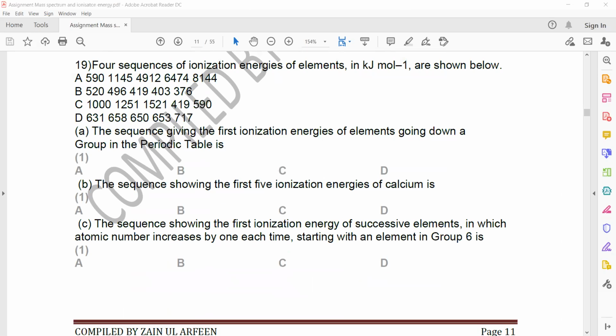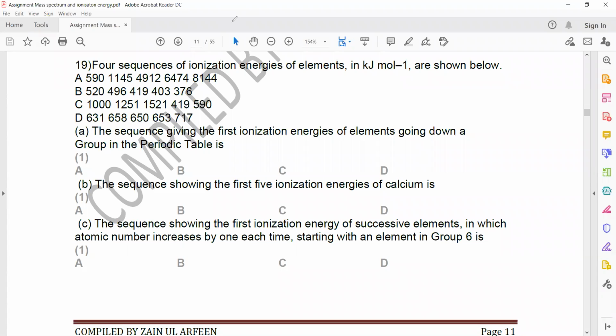Okay, question 19. In question 19, four sequences of ionization energy of an element are given. Which sequence gives the first ionization energy of elements going down the group?